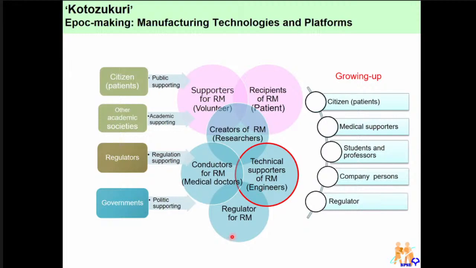And we need support from the regulator. Regulators have to understand to approve the final product for clinical application. So at the same time, these six positions of people have to understand well, and we need to grow them to realize regenerative medicine.